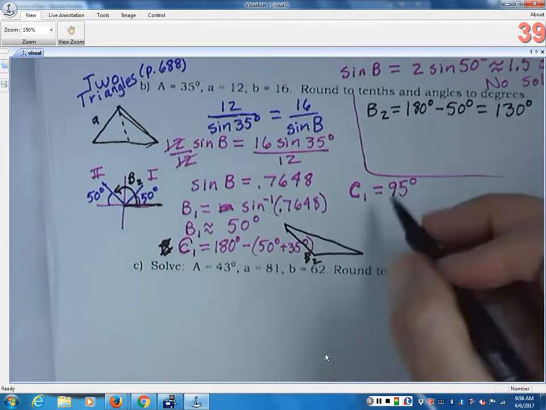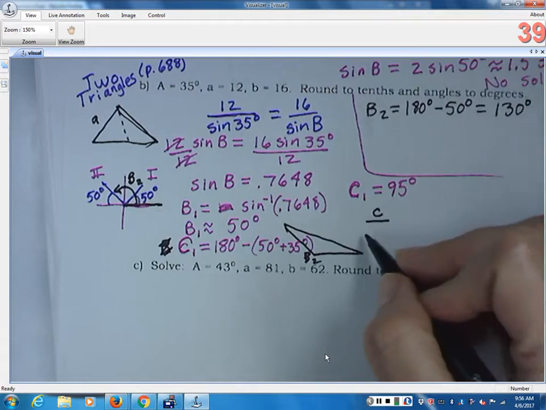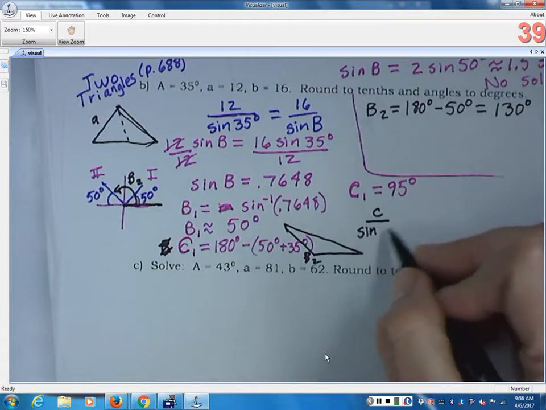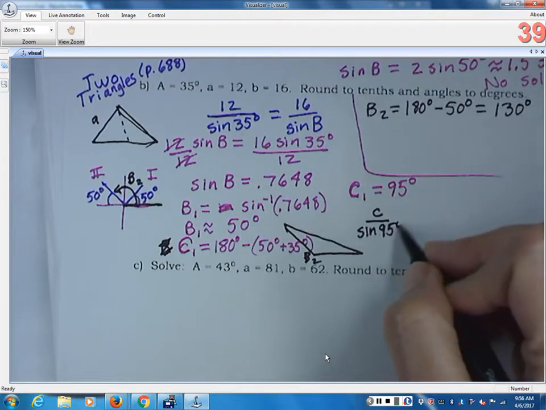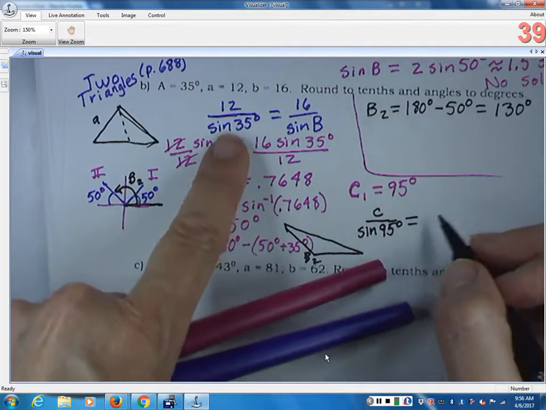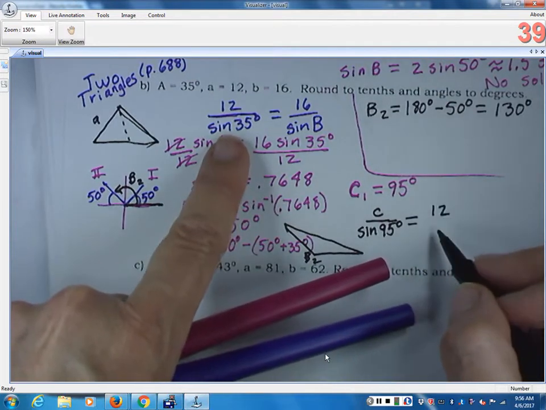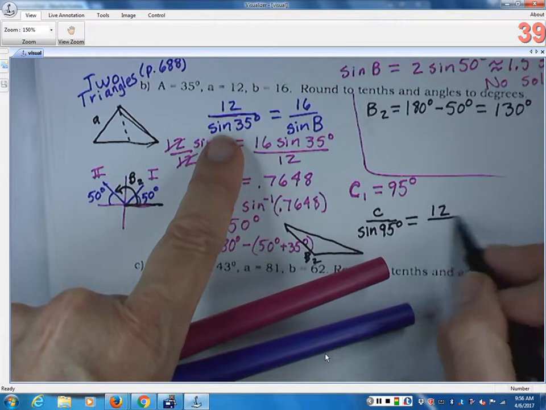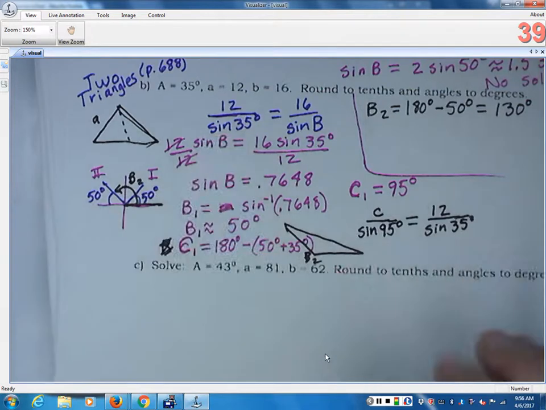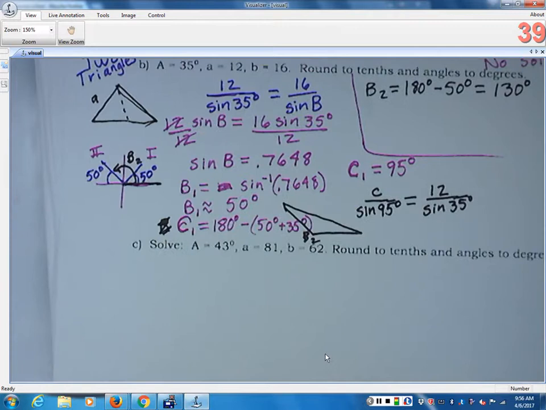So we're going to have C over sine of C, which is 95 degrees, equals the known, A over sine of A. And we don't just take sine of 35 and round it to 4 decimal places and place it here. We'll have rounding errors that way. That's why I'm keeping all these in here. And then multiply it through by sine of 95.